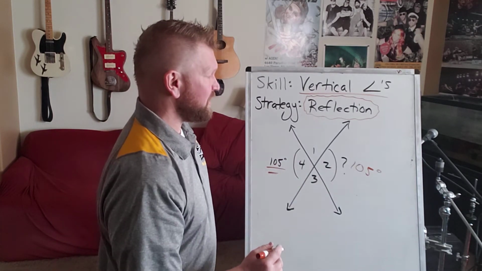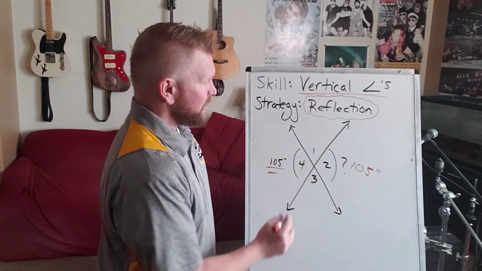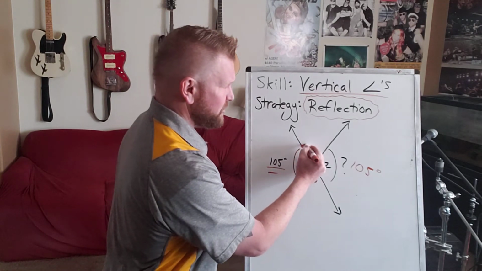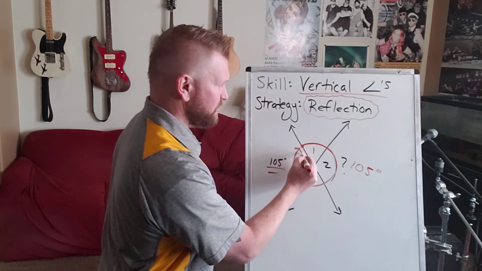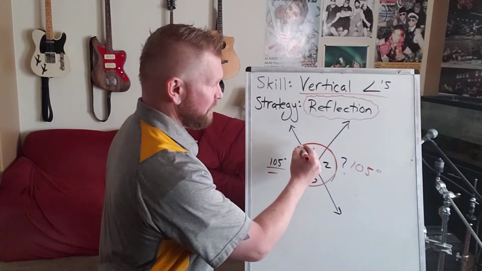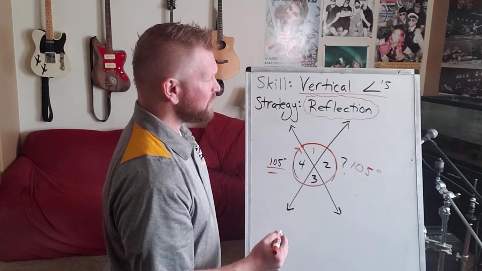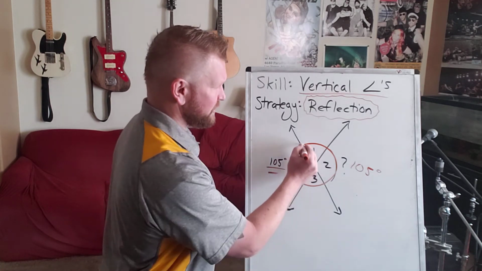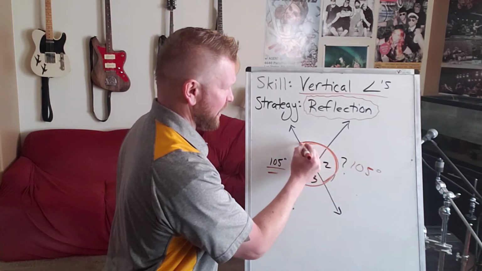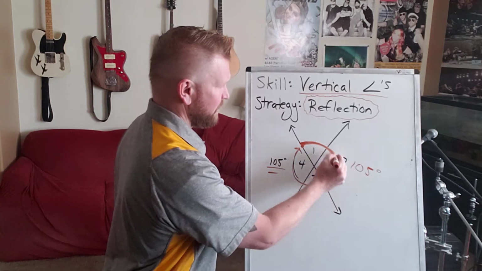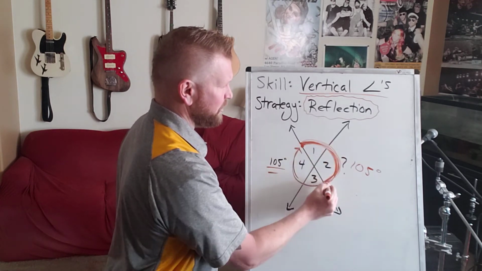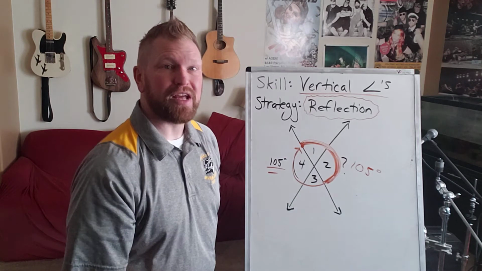If we were trying to get the measurement of angle 1 or 3, you might have known that a full circle is 360 degrees. Now, if a full circle is 360 degrees, then how many degrees is a half circle? How many degrees is it from here to there? There's a half circle right there, so it's got to be half of 360. It's got to be 180.